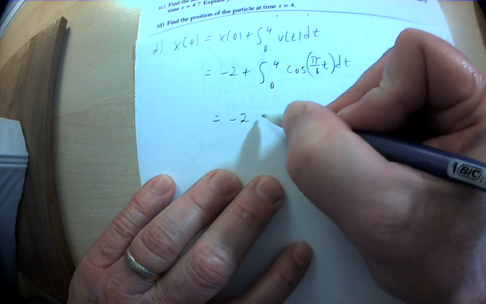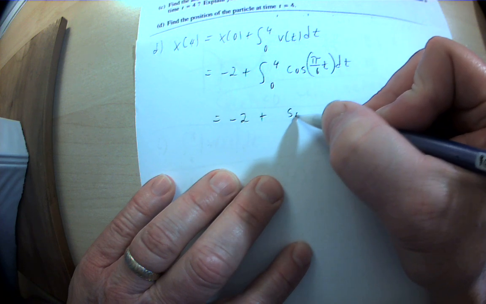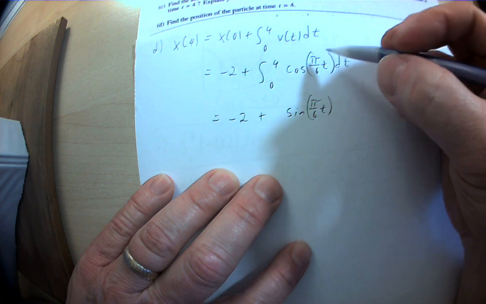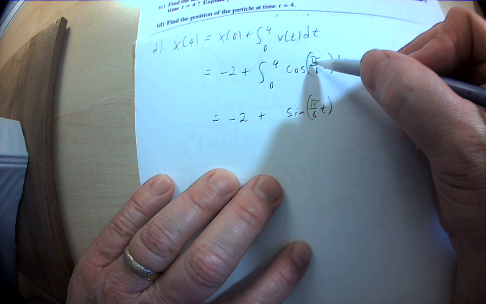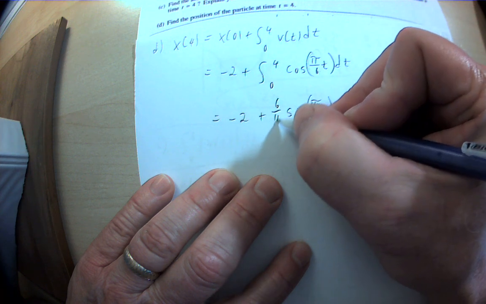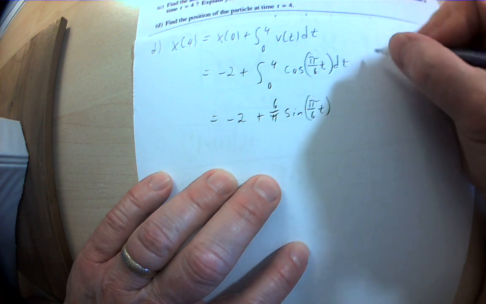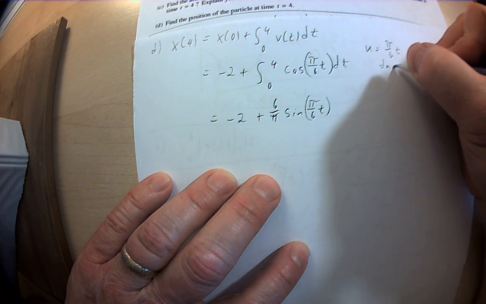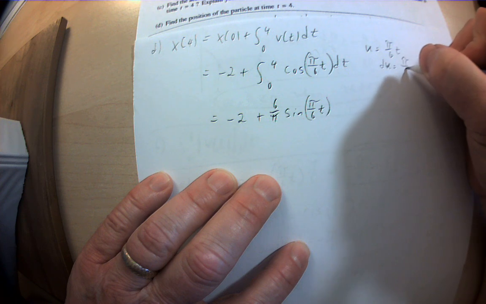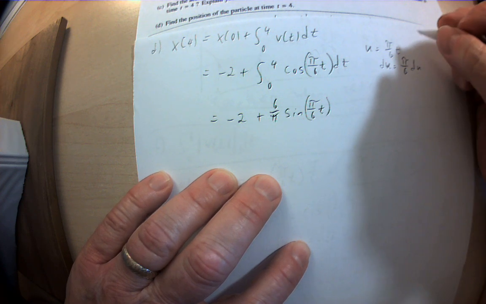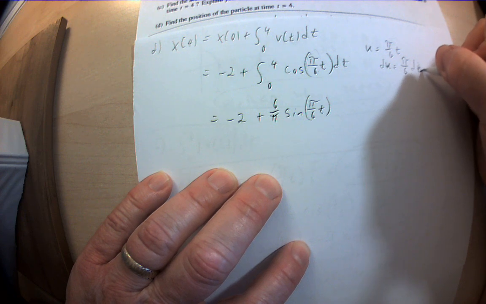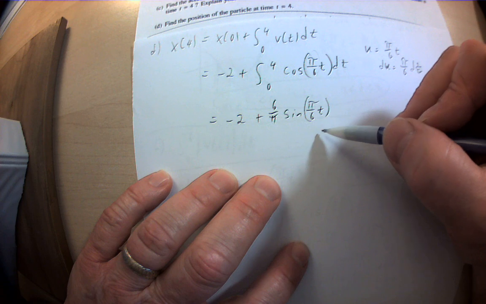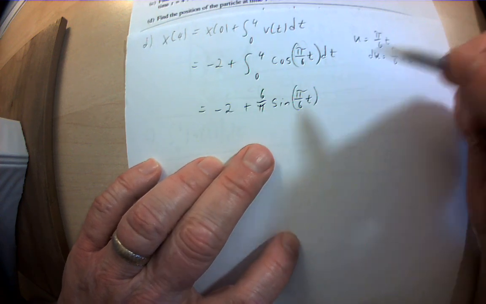So it's negative 2 plus the sine of pi over 6 t, and I have to multiply by the reciprocal, 6 over pi. You could think of it as u-sub: u equals pi over 6 t, so du equals pi over 6 dt. When you replace dt, you replace it with 6 over pi du, and then when you take the integral, you get that.